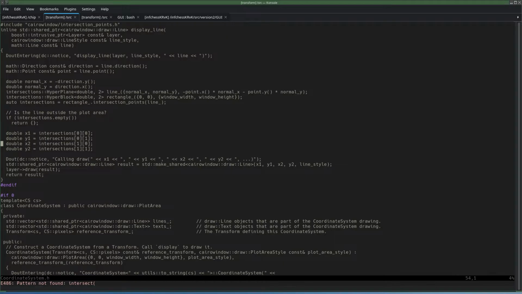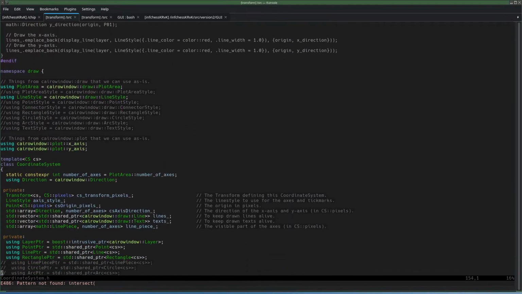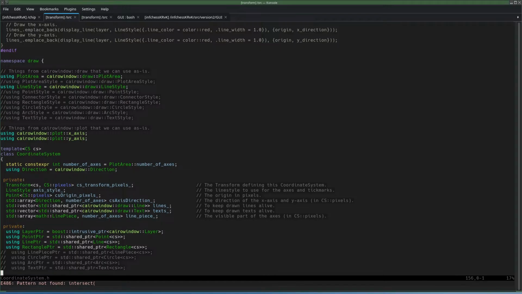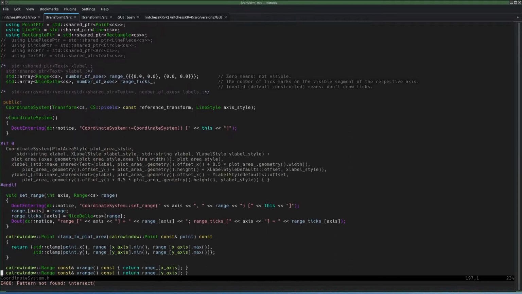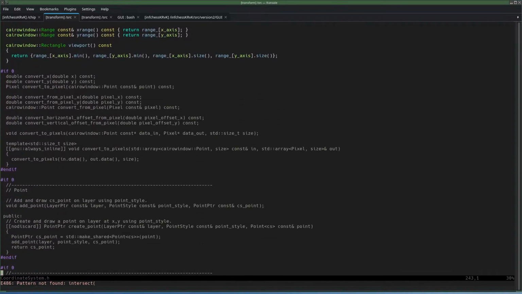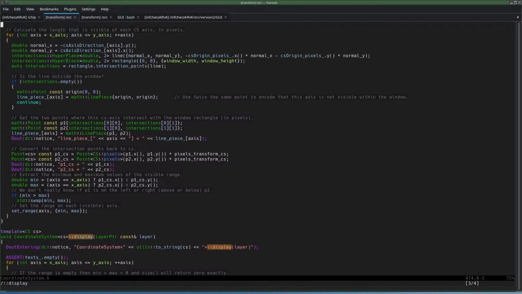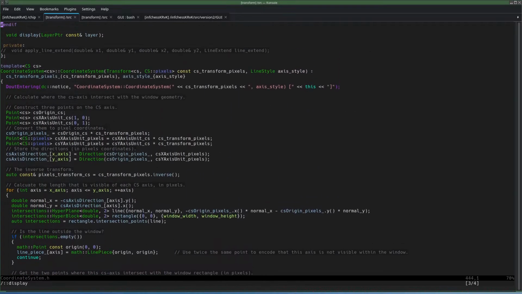What? Yesterday, during a 3 hour stream, I worked on this intersect function, which I put above display. It's just gone.